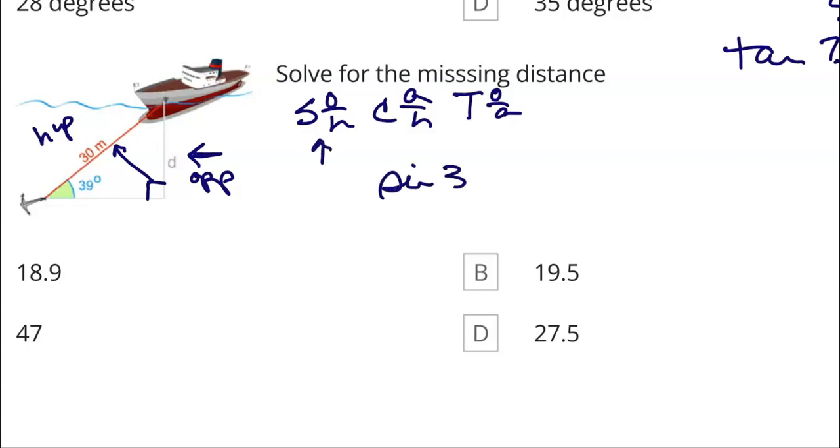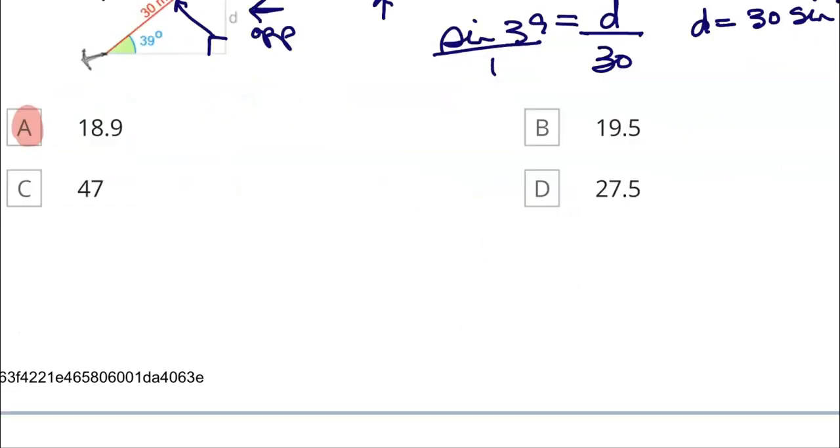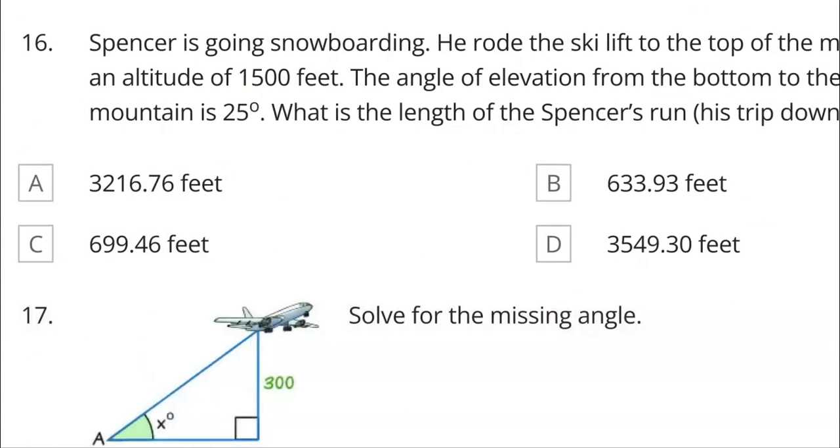So the sine of that angle equals the distance I'm looking for over the hypotenuse I was given. Do your cross products. D is going to equal 30 times the sine of 39. When I put that in my calculator, 30 times the sine of 39, I will get 18.9. Okay, just a couple more.